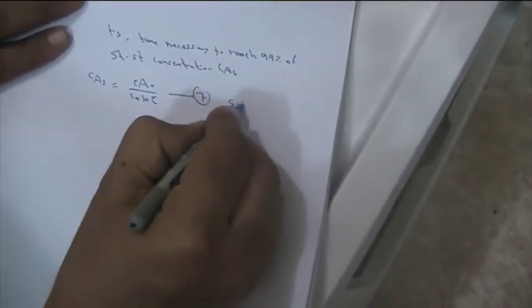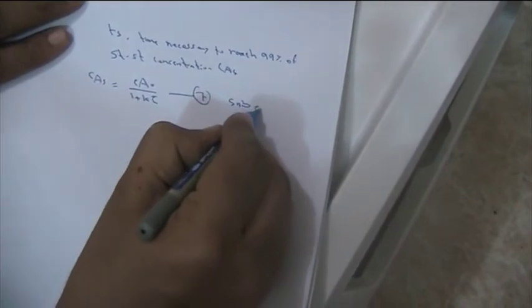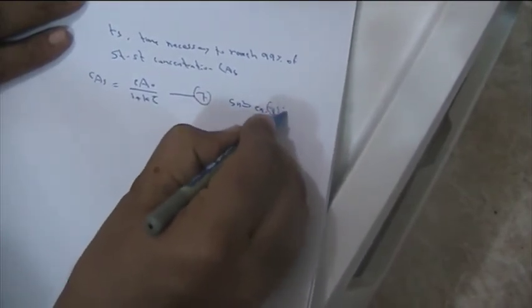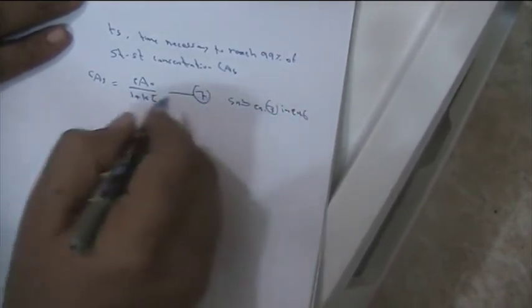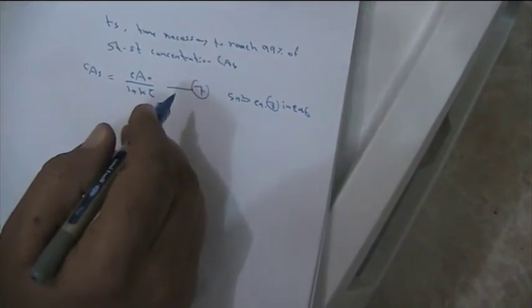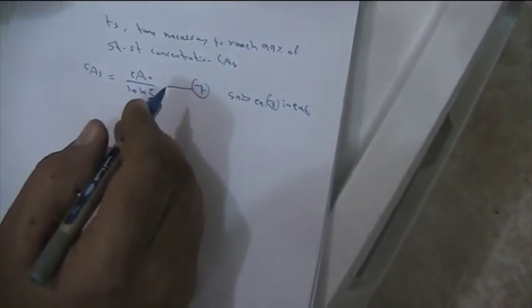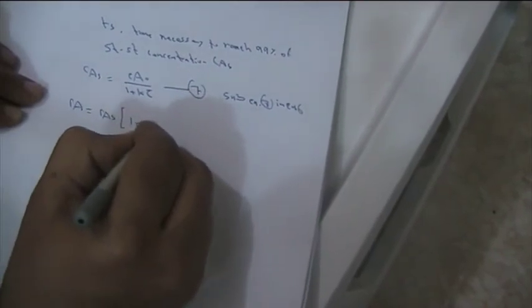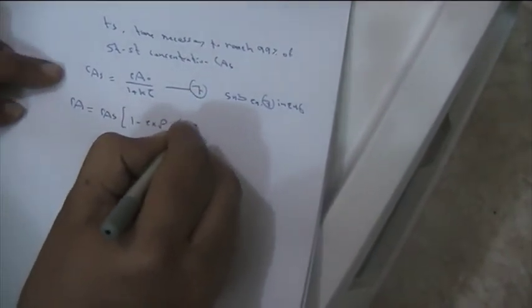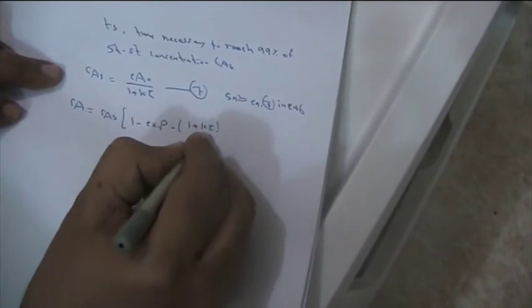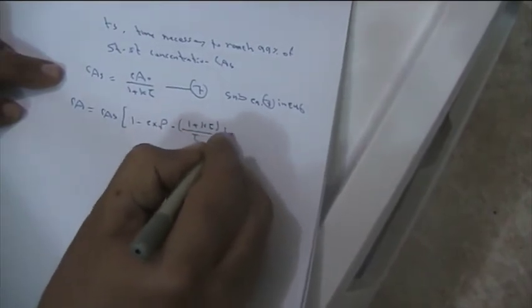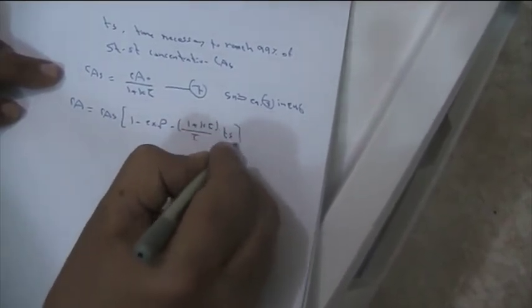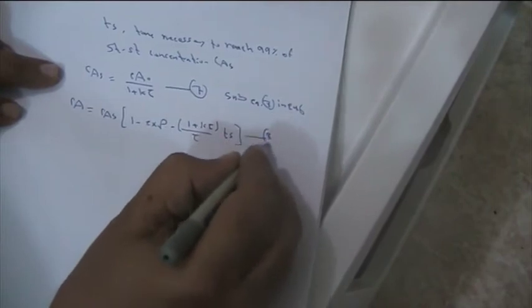Now substituting equation 7 into equation 6, we will get CA equal to CAS times 1 minus exponential minus 1 plus k tau over tau times T, and this is equation 8.